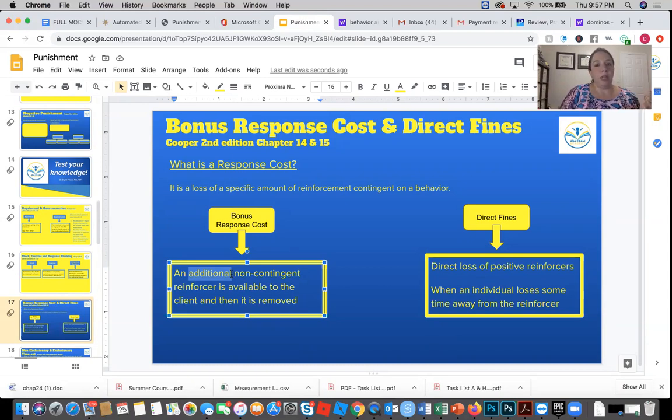We're losing those 10 minutes because you hit your sister. That's a bonus response cost. You're taking away the 10 minutes that you gave them extra. You're not taking away the original time. You're just taking away the added time. Okay, so does everyone understand that? Yes. All right, awesome.